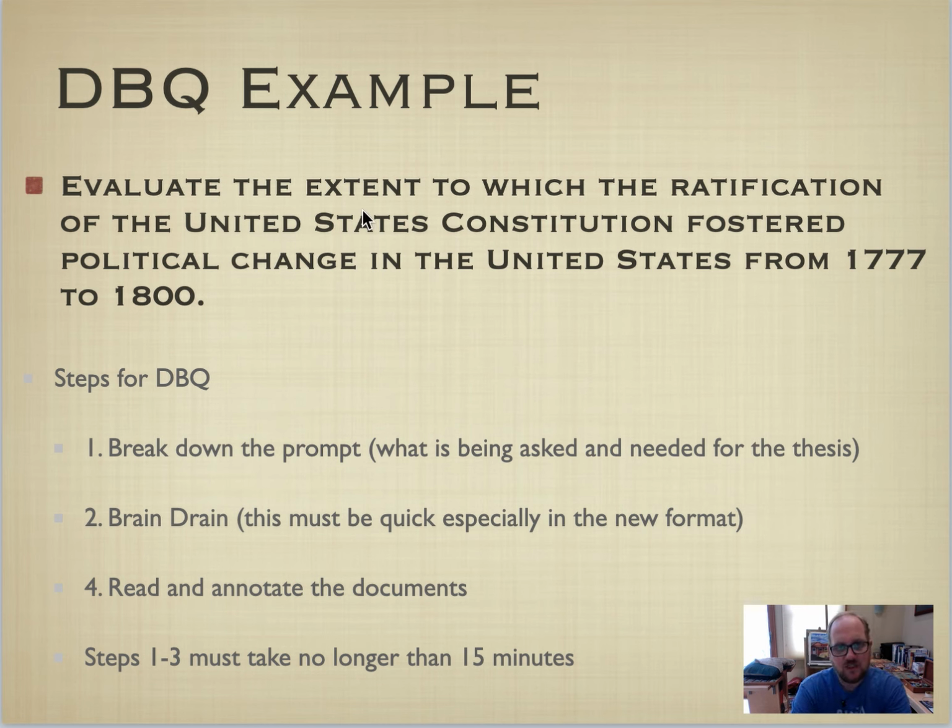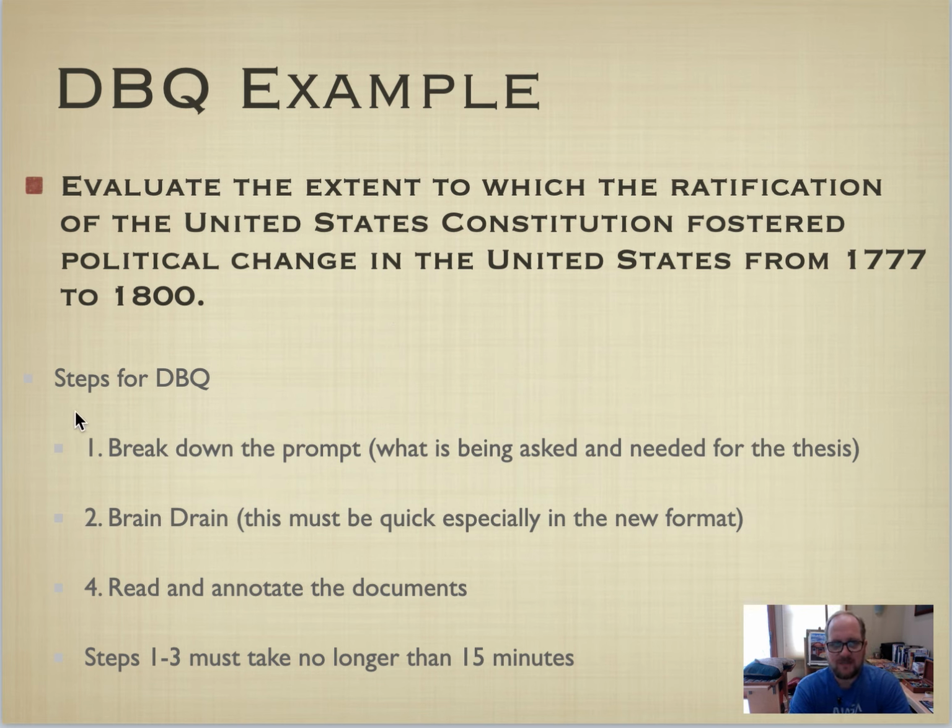That means how much political change there was. So was this political change due to the Constitution itself? How much political change happened in this time period of basically 23 years? And again, using the Constitution as a background for this.